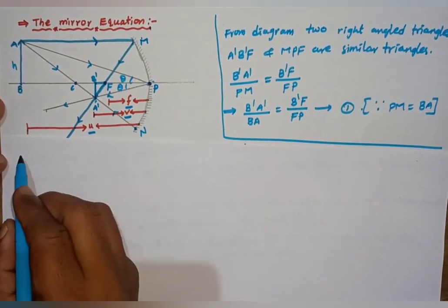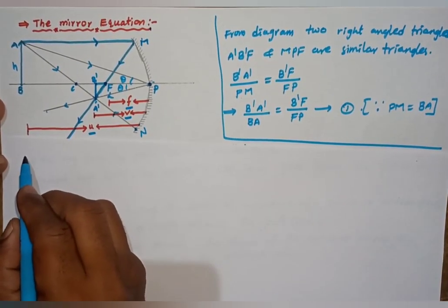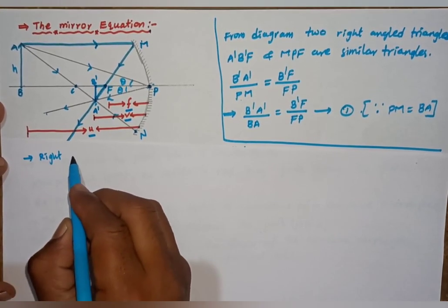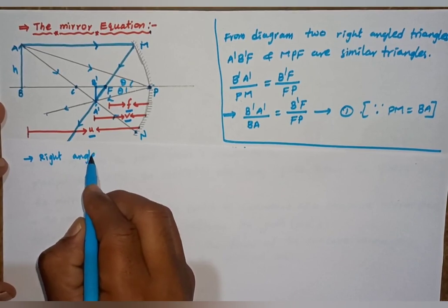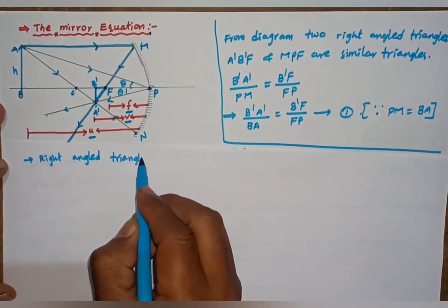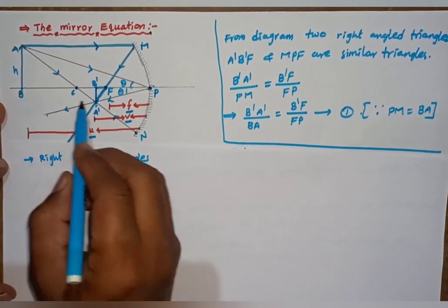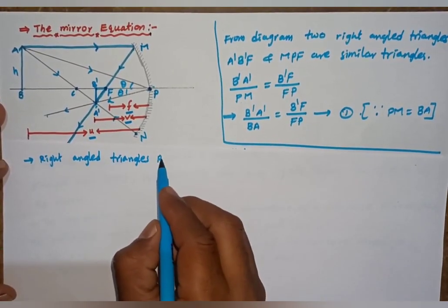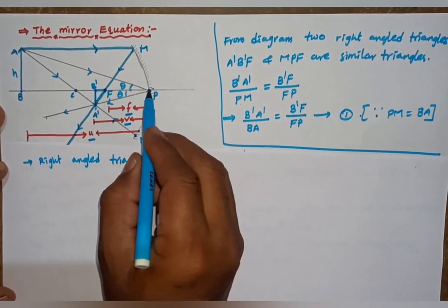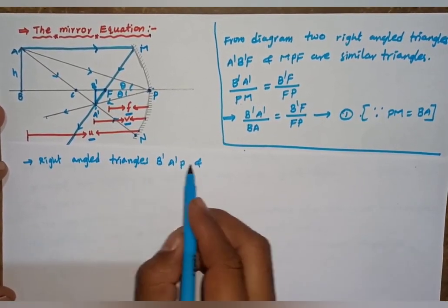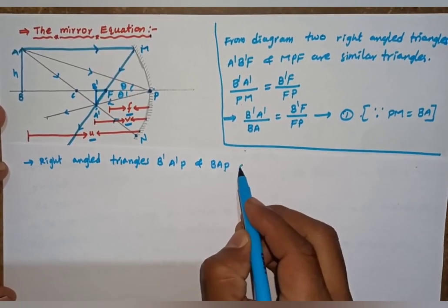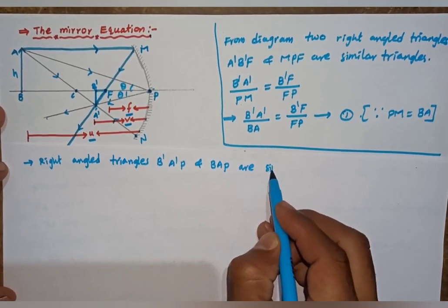Now the right angled triangles B dash A dash P and BAP are similar triangles.